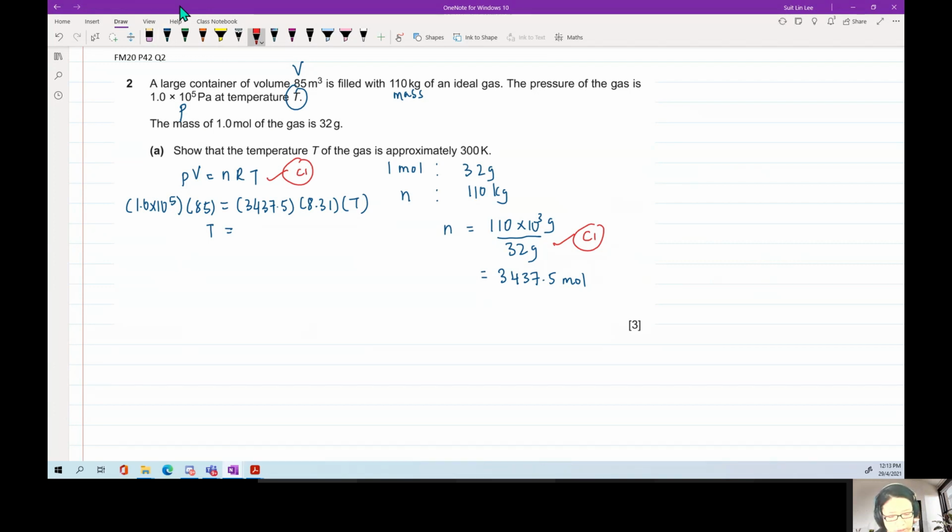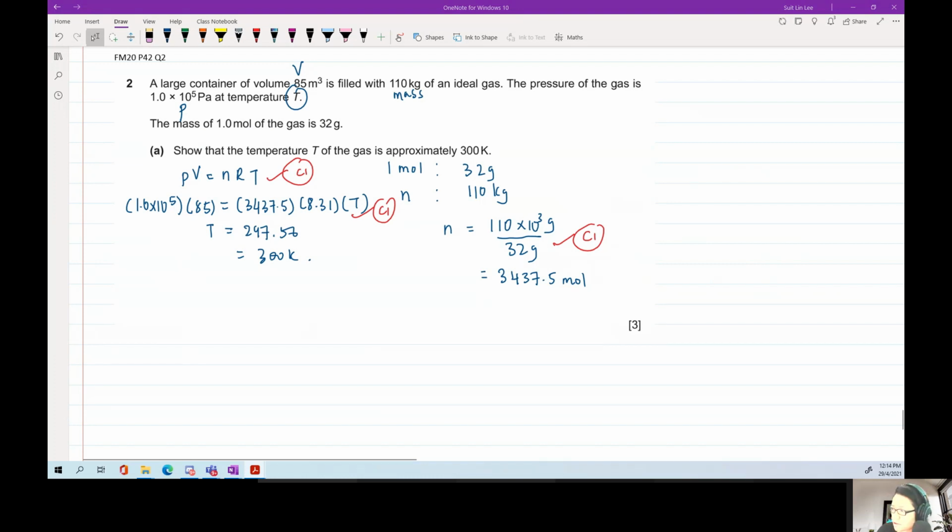Let's see. 1E5 times 85... I get 297.56, so 297.6 now. So around 300 Kelvin. So the substitution is 1 mark. This is bonus, guys. It's a very nice bonus. Don't let it go.